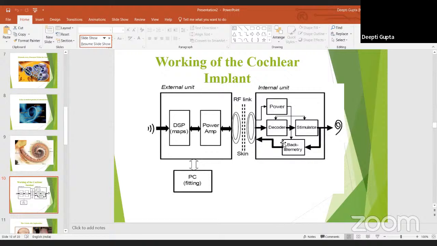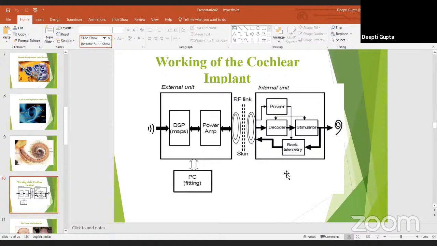According to that, they can change the map. Whatever map I have told you, the frequency level, the sound level, the electrodes, all these things are updated by this back telemetry unit. So this is the general functioning of the cochlear implant.